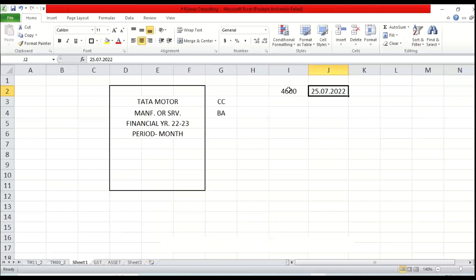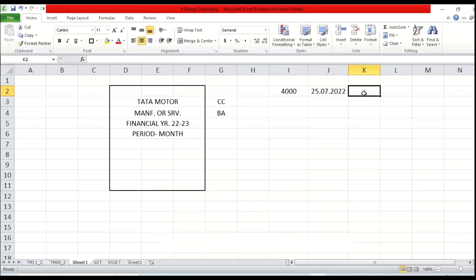Then after some time, if you talk about the payment, payments are going to be released by Tata Motor after 15 days from the date of invoice posting, right? So let's suppose on 25th it was posted. So next month, on 10th or 9th, we are going to release the payment of this vendor.